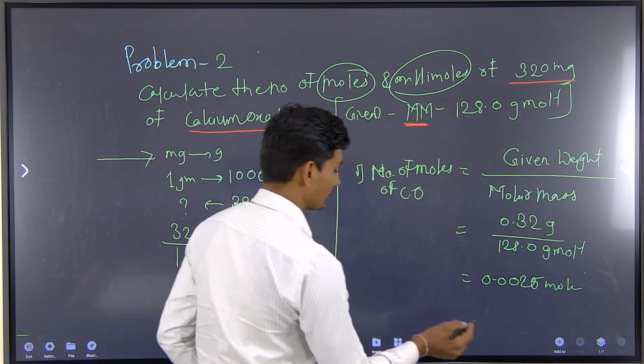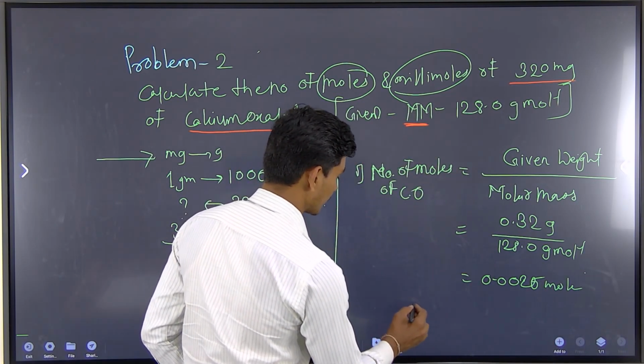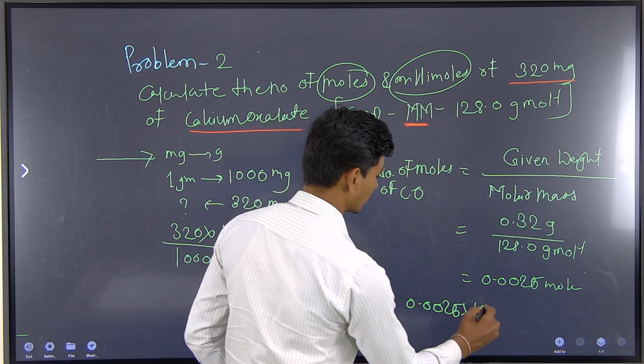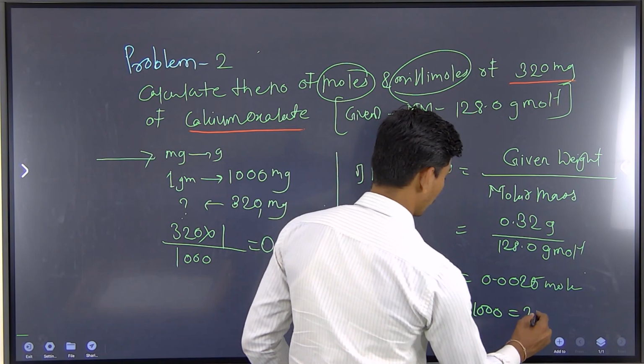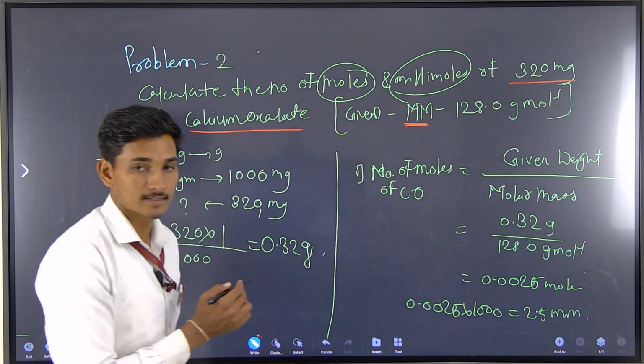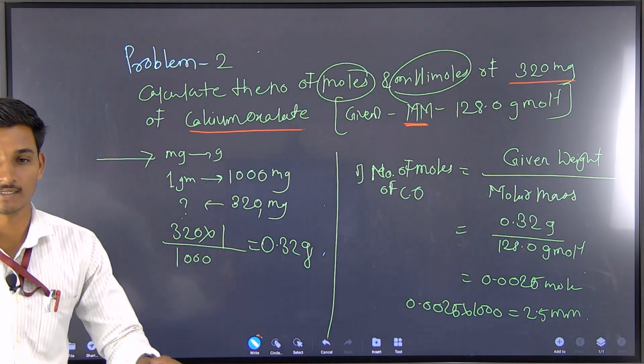Then further we get the millimoles: 0.0025 into 1000, so we get 2.5 millimoles of calcium oxalate.